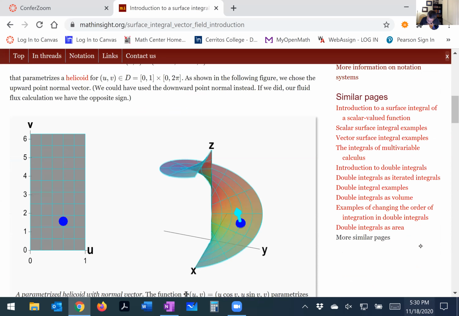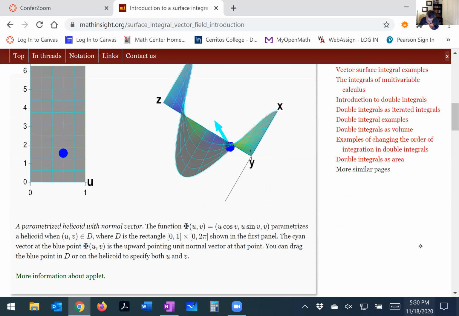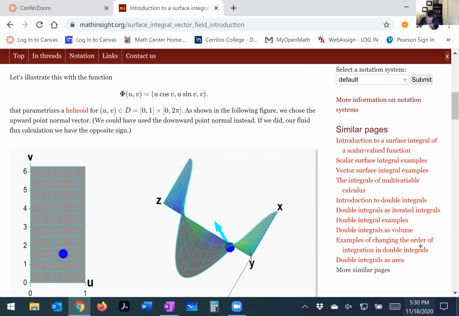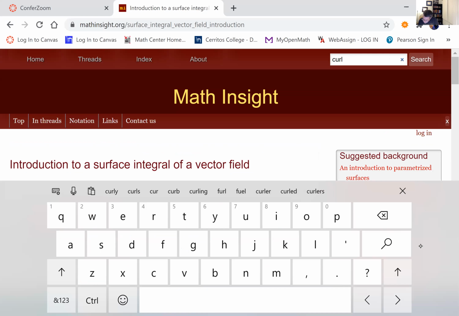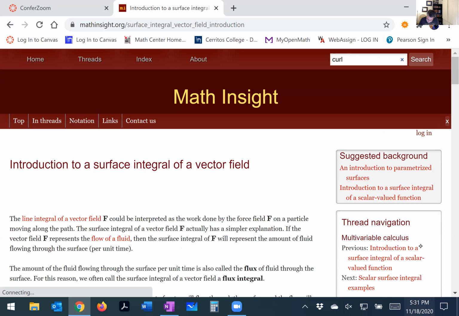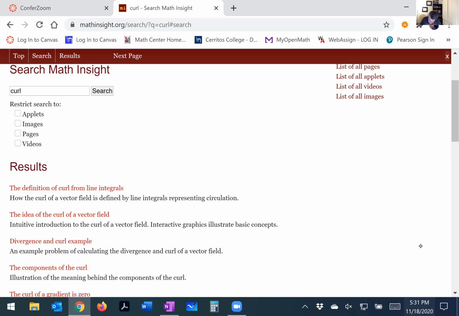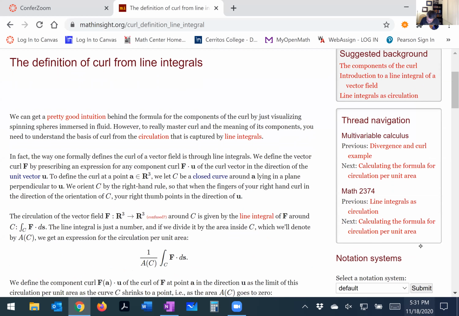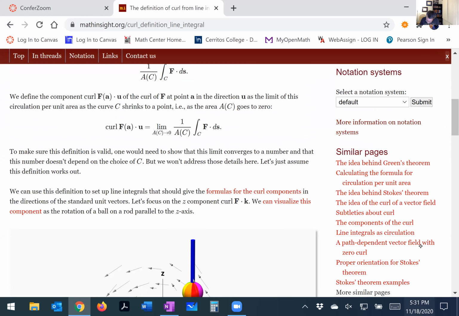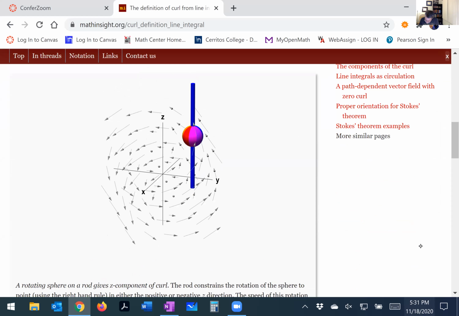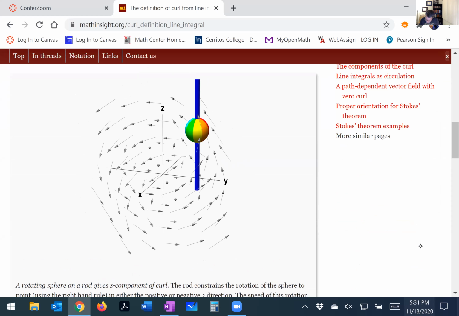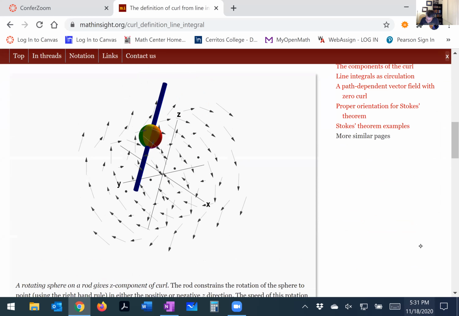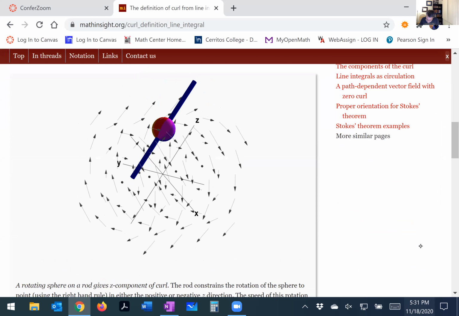Okay, they have these applets, which are kind of cool. I don't want this. I want curl. Just show me curl. Here we go. Yeah, see, it shows you in this vector field how this thing is related to curl, right?